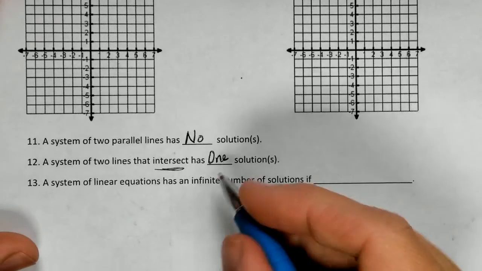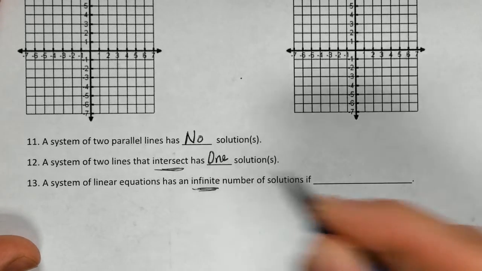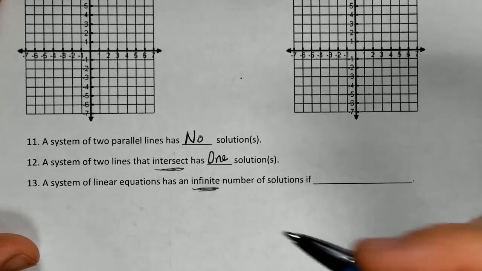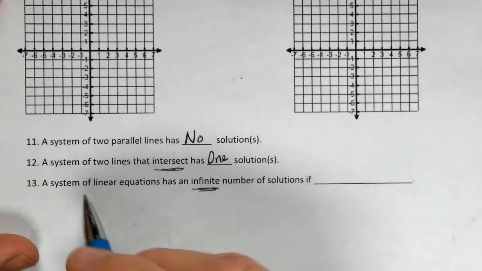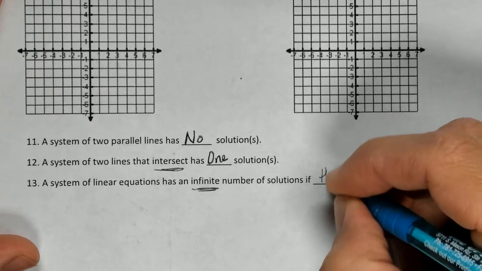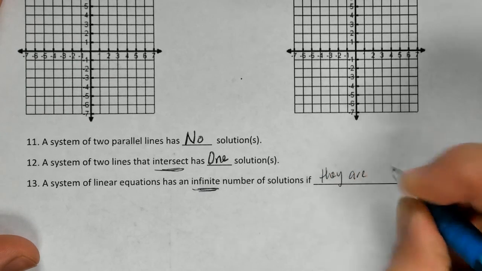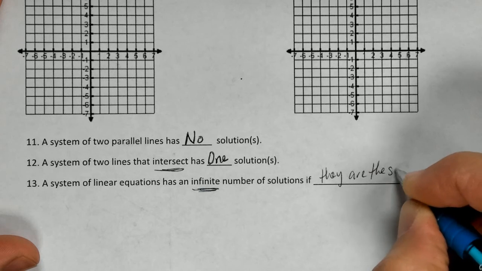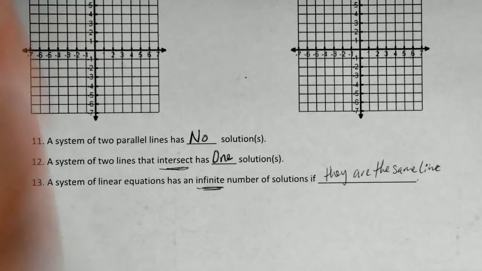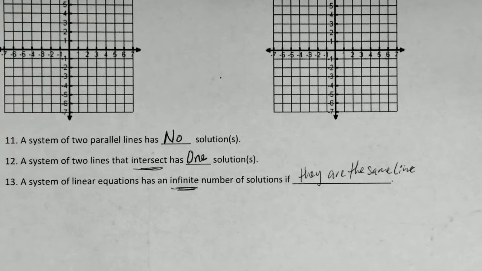So for the system to have infinitely many solutions, what has to happen? Those lines are the same. Yeah, so they are the same line, right? So a system of linear equations has an infinite number of solutions if they are the same line. Right, so we have three different cases.